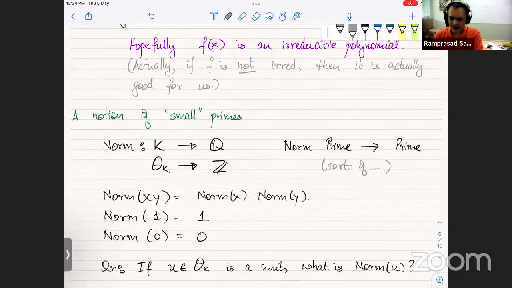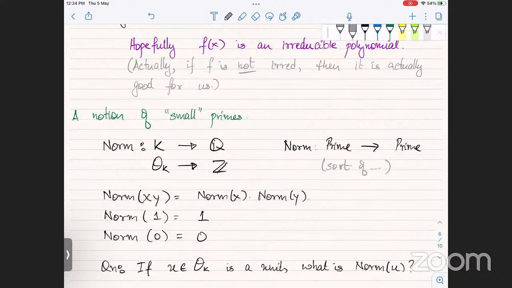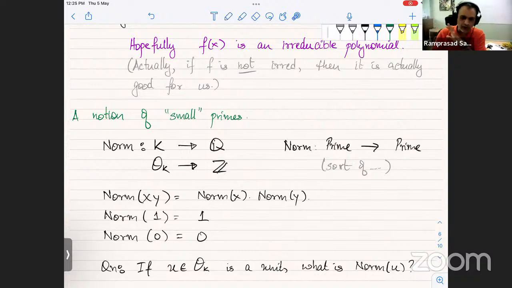And of course, let's do maybe a pop quiz before that. Suppose you pick up a unit just based on these axioms. What can you say about the norm of the unit? Right now I'm basically saying norm is some function.